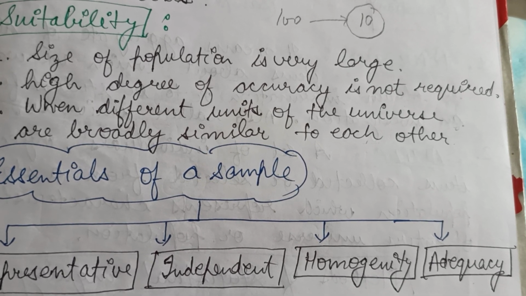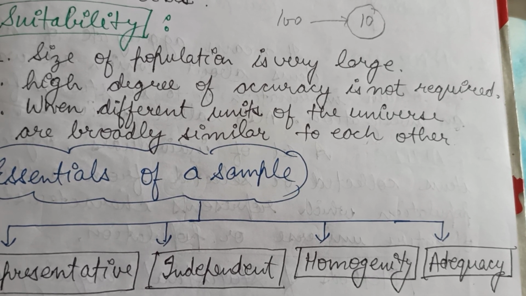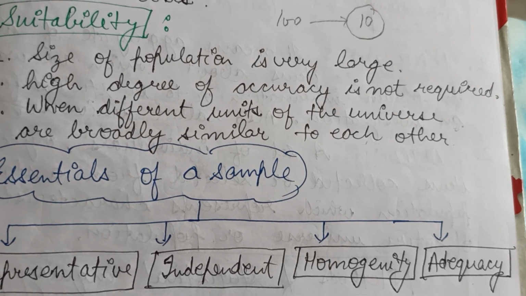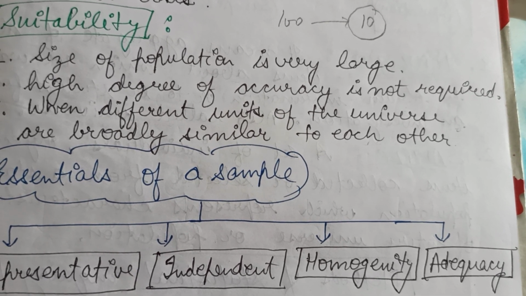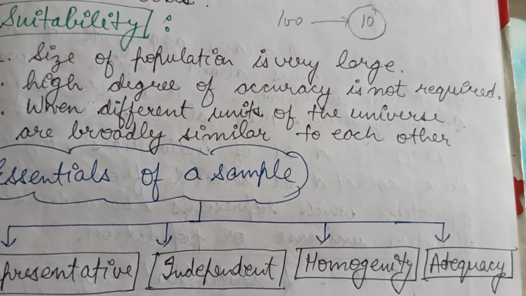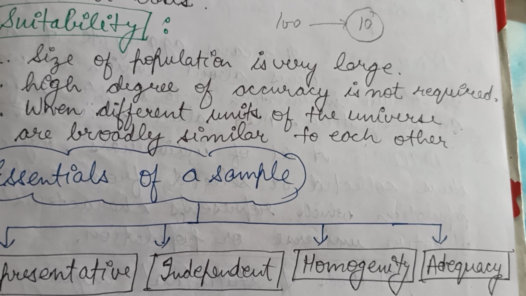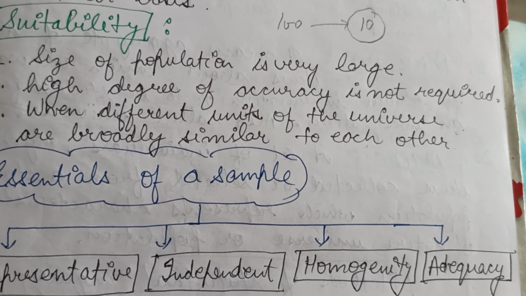The next and last quality of a good sample is adequacy, which means that the number of items we choose from the whole population for our statistical study must be adequate enough so that we can draw the best conclusions from them.